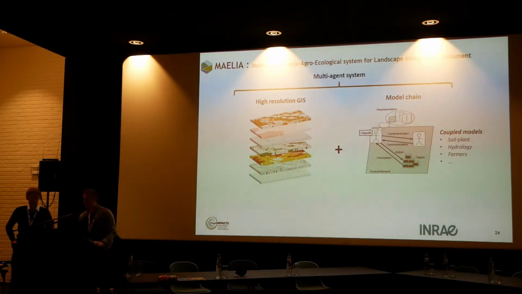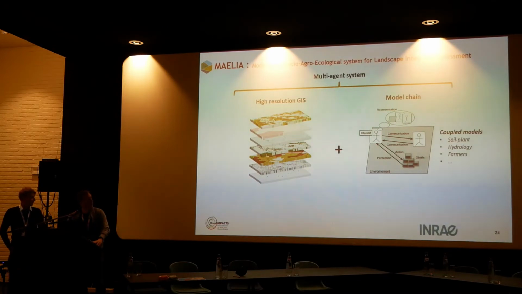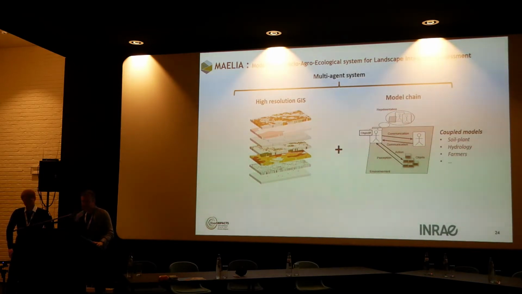So the focus is not on the tool, but I will try to present you Maelia in a few sentences. Usually I take 30 minutes or 4 hours to present Maelia, but today it is about 5 sentences. So what is Maelia? Maelia is an agent-based modeling platform used to perform integrated assessment of agricultural systems in landscape.